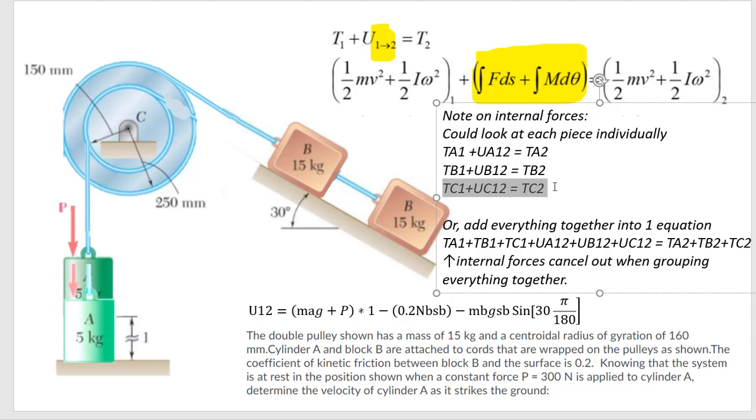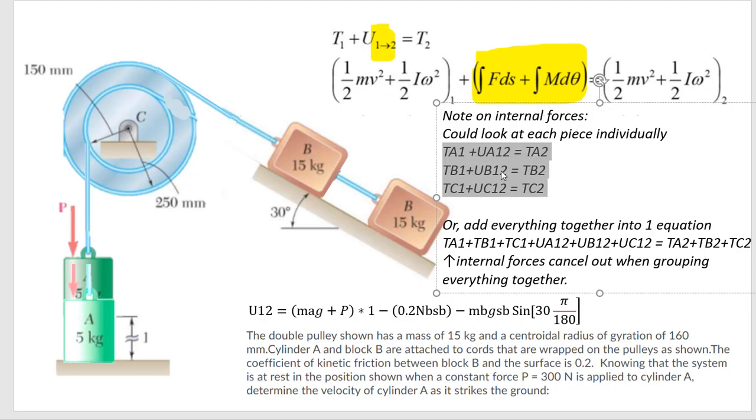And then I could look at just C separately and all of the moments acting on C, that originally it's not rotating, and then a moment is applied, and at the end of it, it is rotating. If I look at each of these separately, I would have to solve for each of these tensions. There would be more unknowns that I have to solve for.